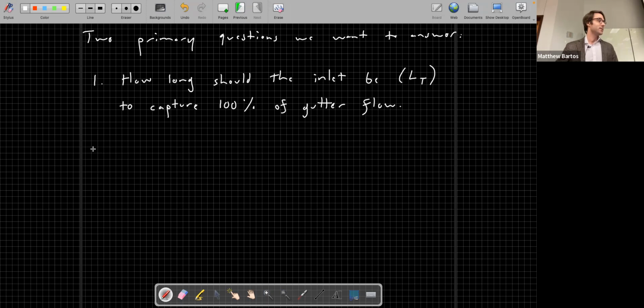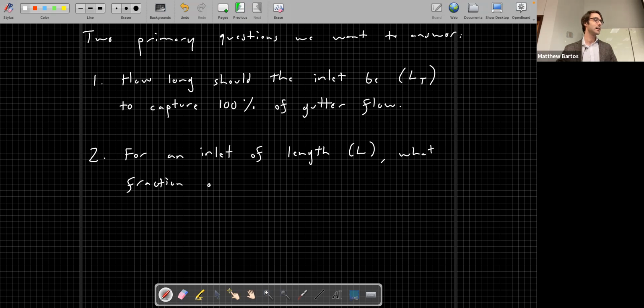And the second question we're interested in is, for an inlet of length L, what fraction of the total flow, which we'll call Q, does it capture?